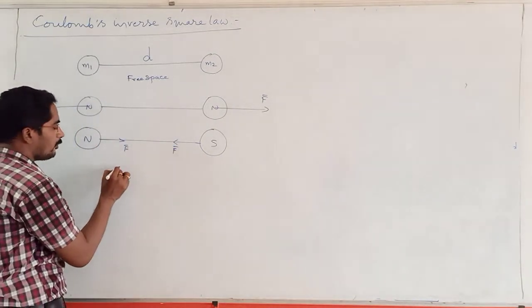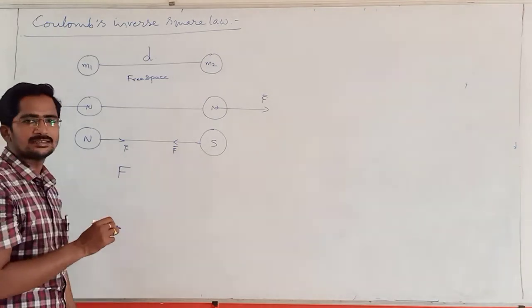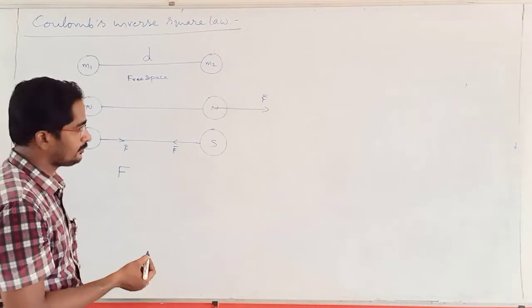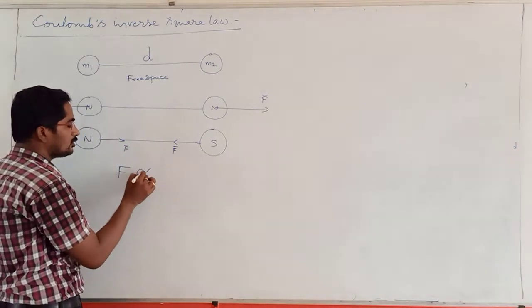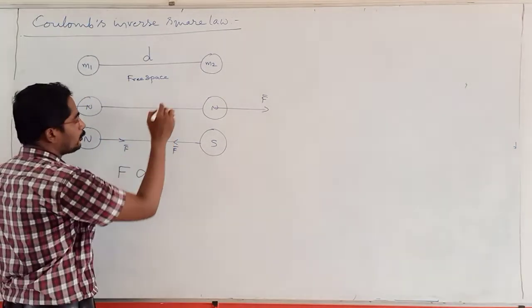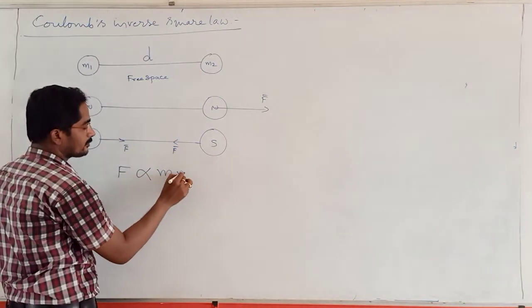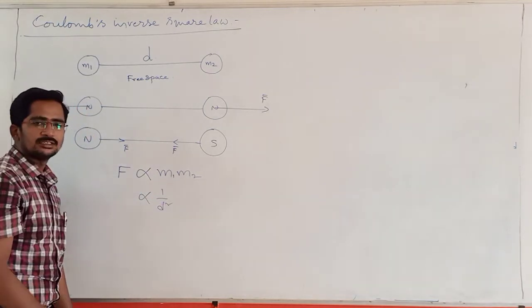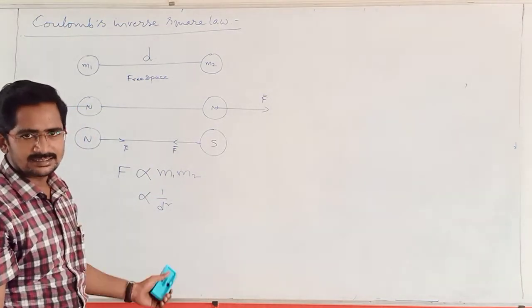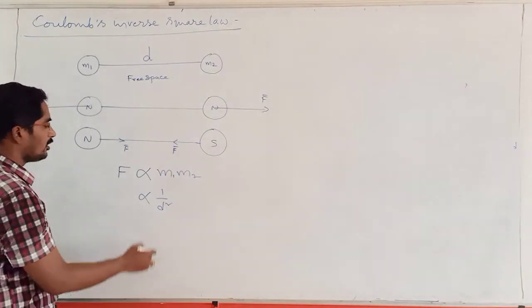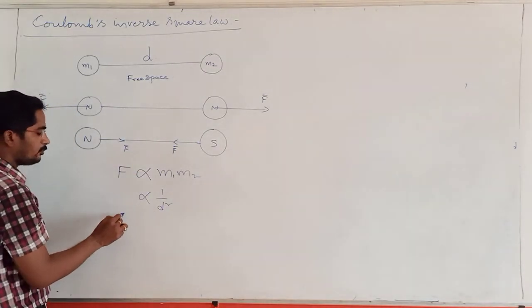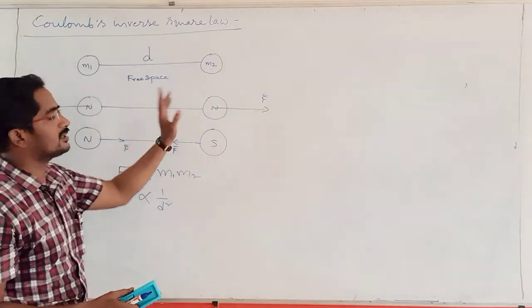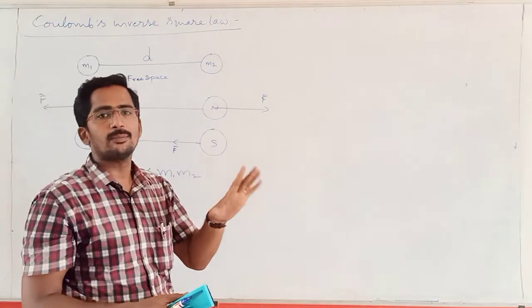This force of attraction or repulsion between two magnetic poles is directly proportional to the product of their pole strengths and inversely proportional to the square of the distance between them, and that force acts along the line joining the two magnetic poles.